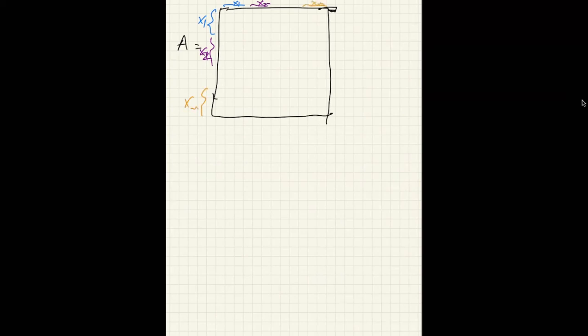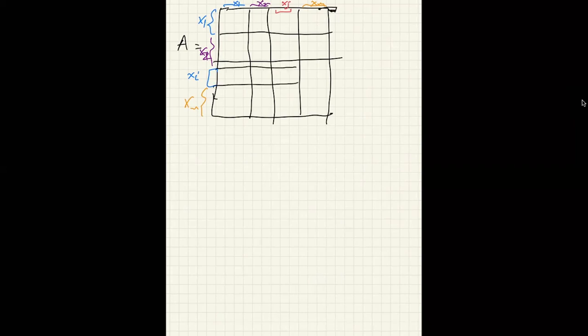Now this breaks the matrix into blocks corresponding to these partitions. If I have some xi on the side and some xj on the top, the place where they meet is the block Aij.